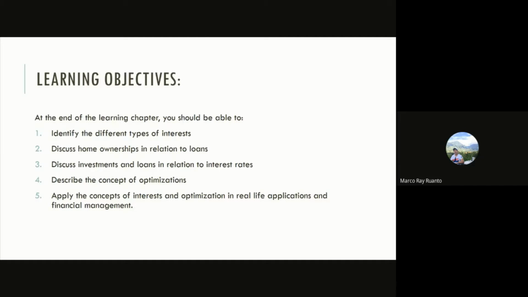Anyway, we are going to discuss also home ownership in relation to loans, as well as investments and loans in relation to interest rates, and describe the concept of optimization. Then we are going to apply the concepts of interest and optimization in real life applications and financial management.